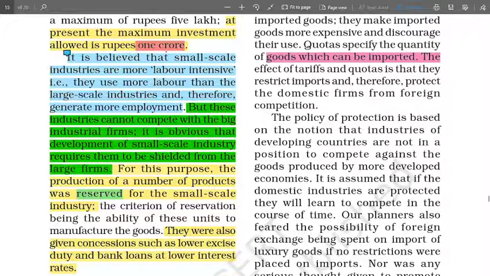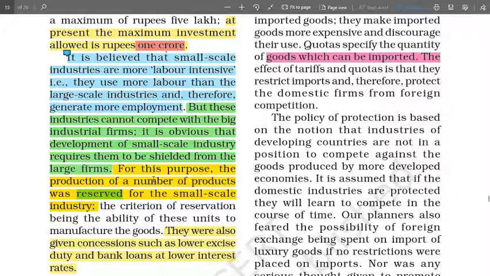So how does the government go about protecting them? For this purpose, the production of a number of products was reserved for the small scale industries. Suppose products that should be produced by the small scale are listed. For example, it can be paper, it can be soap, it can be anything.